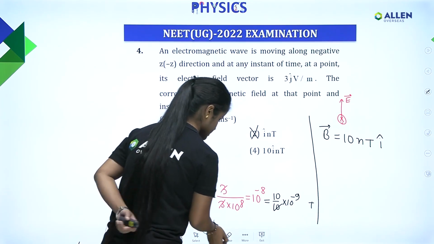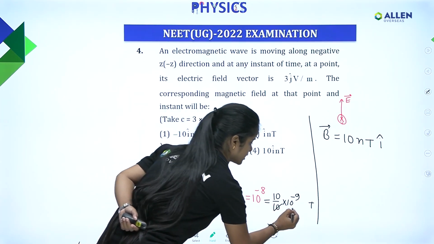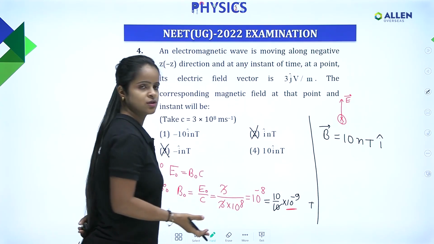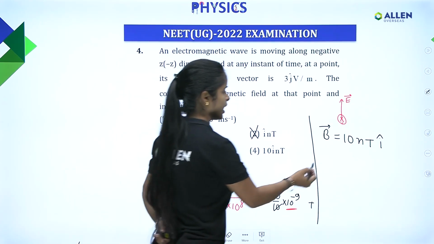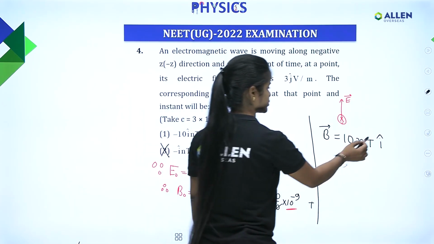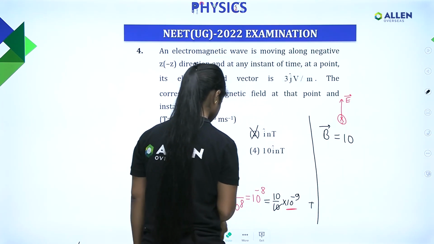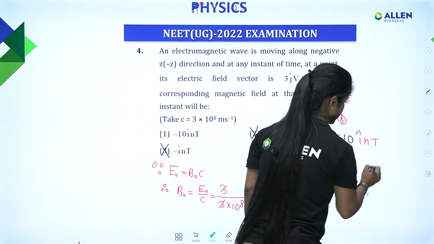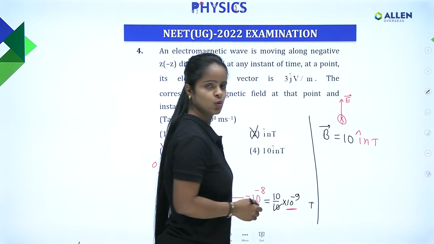In place of 10 to the power minus 9 I have written nano, and Tesla is the unit of magnetic field, and I cap is indicating the direction of magnetic field. I cap into I cap nano Tesla. Hope it is clear to everyone.